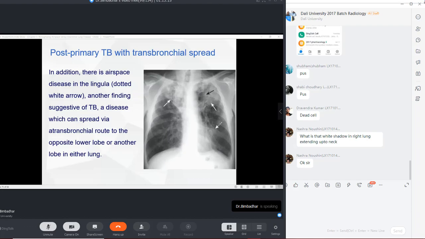So pleural effusions, cavitations, abscesses, atelectasis, fibrosis, all of them are characteristic features of pulmonary tuberculosis, stage 2 and stage 3. Okay, secondary tuberculosis, or you generally call them post-primary tuberculosis. Remember it simply as primary tuberculosis and post-primary tuberculosis.